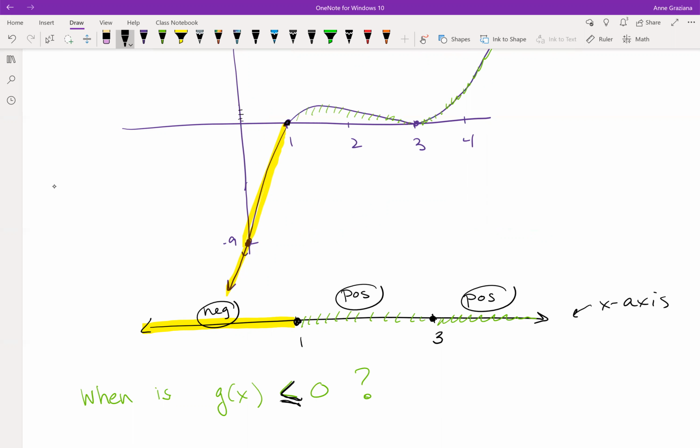What do you guys think? G of x is my function. I'm basically saying, when are my outputs negative? We would put the interval from negative infinity to 1. And since there's an equals, we would include it.